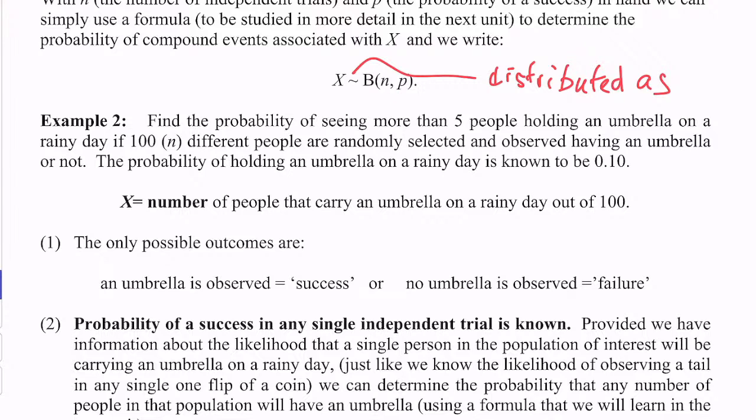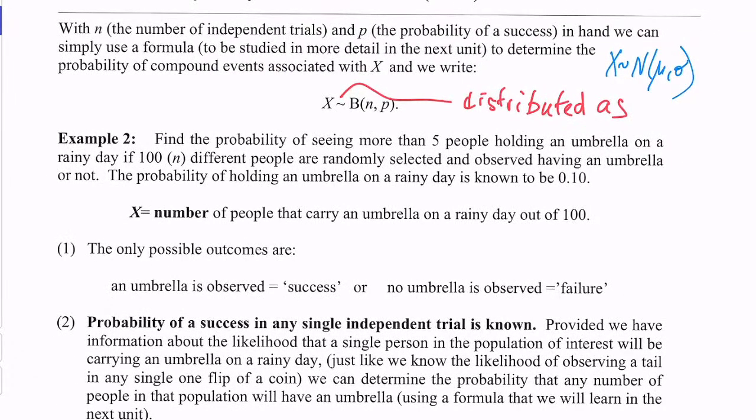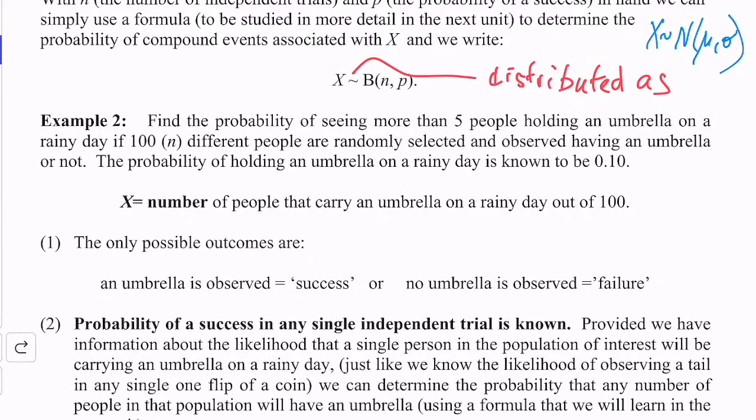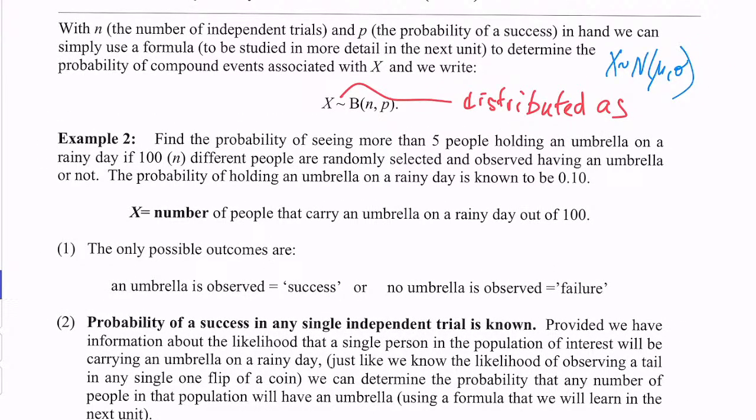Just like when we talked about the normal, if X was normal, we needed mu and sigma to draw it. Remember? So similarly, we need N and P to describe the binomial distribution and then make predictions.